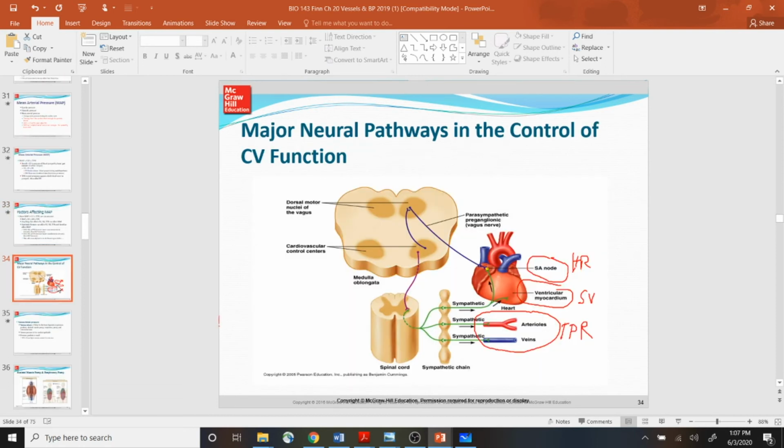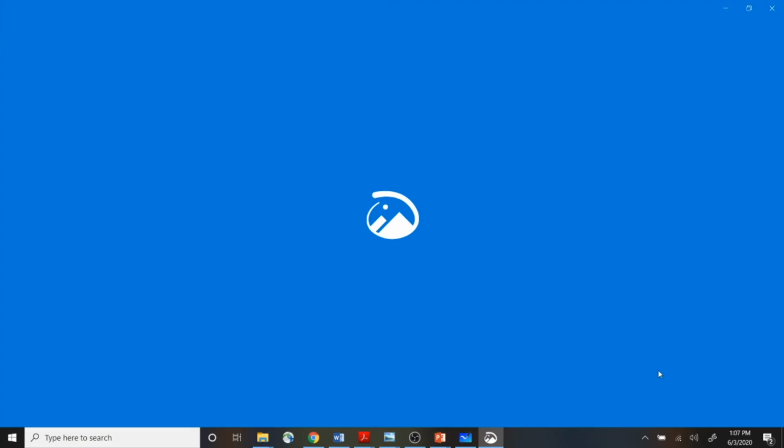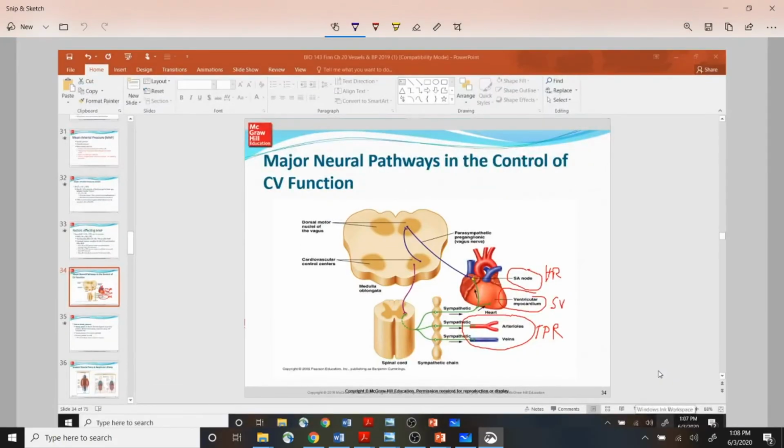All right. So I think we saw a similar picture like this in chapter 19. The green that you see down here is the sympathetic nervous system, pre and postganglionic fibers, innervating the SA node, the ventricular myocardial tissue, and the smooth muscle of arteries and veins.